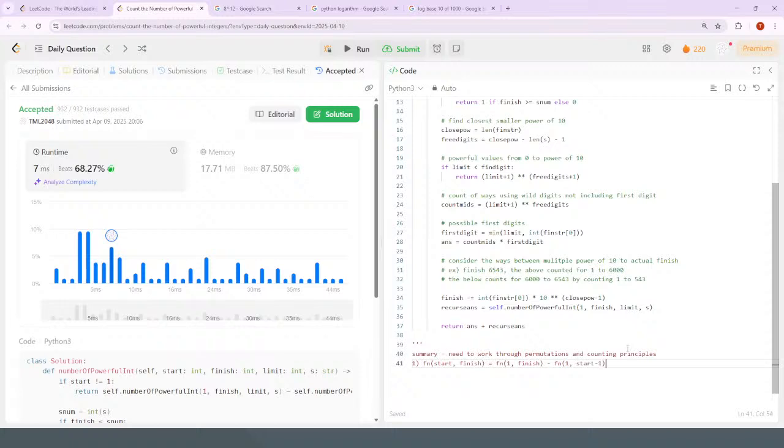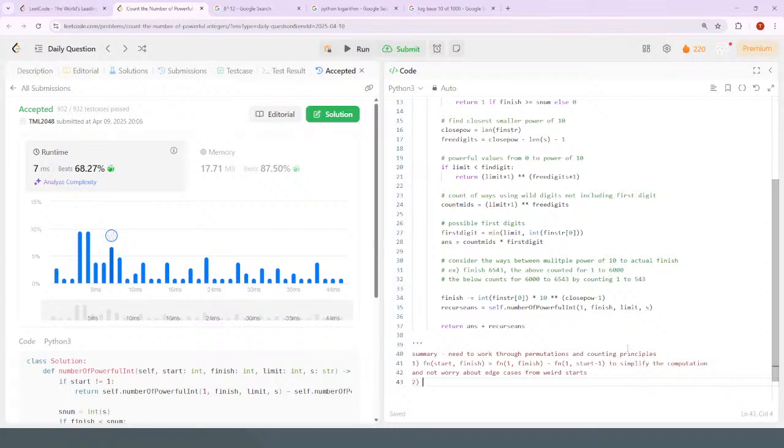Well, start minus 1 technically. To simplify the computation and not worry about edge cases from weird starts.